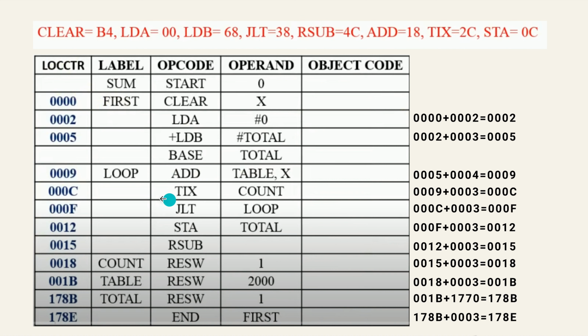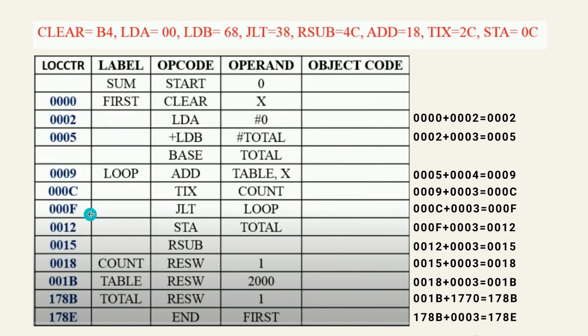Looking into the statement LOOP ADD TABLE,X, it is a format 3 instruction and it occupies 3 bytes, hence adding 3 bytes to this value forms 000C. The next statement is TIX COUNT. Clearly this is also a format 3 instruction, so it occupies 3 bytes, and adding that forms 000F.